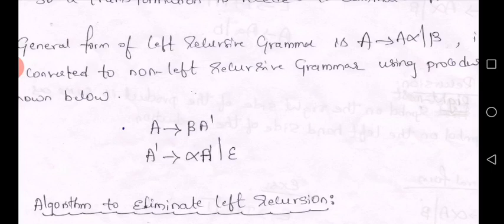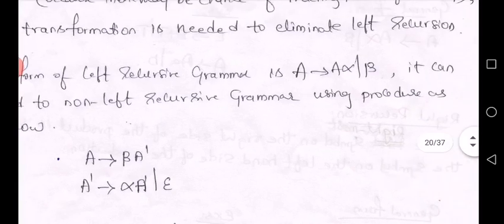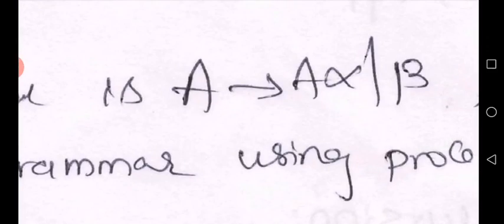See, in case of A derives A alpha or beta, which is the general form, there are two possibilities. One is that we can get A alpha. The second is that we can get beta. First we'll deal with beta, then A alpha will vanish.